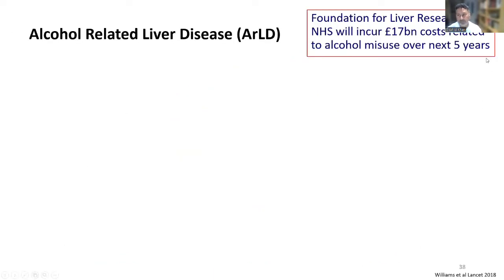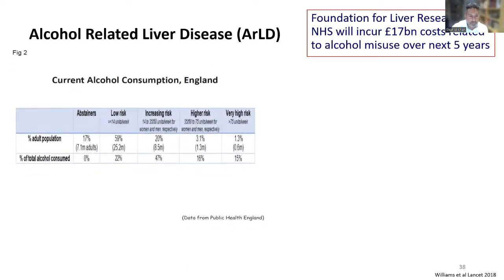Okay, so I just want to talk a little bit about alcohol, moving on from obesity to alcohol-related liver disease, having made the point that obesity-related liver disease is a very significant rising issue. According to the Foundation for Liver Research, the NHS will incur £17 billion worth of costs related to alcohol misuse over the next 5 years.